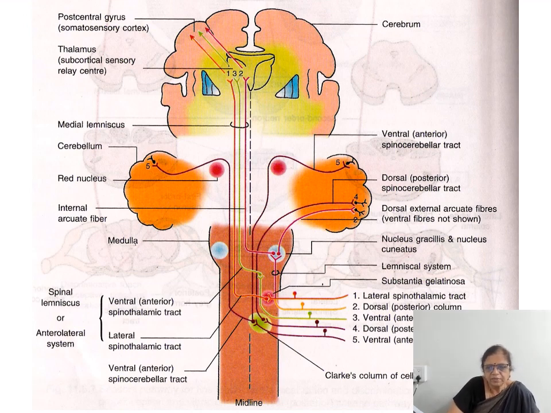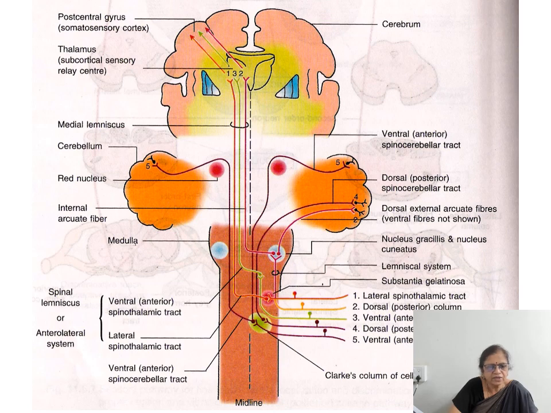So this is one picture to show you the different names of sensory tracts: lateral spinothalamic tract, dorsal column lemniscal system, ventral anterior spinothalamic tract, dorsal posterior spinocerebellar and ventral anterior spinocerebellar tracts.